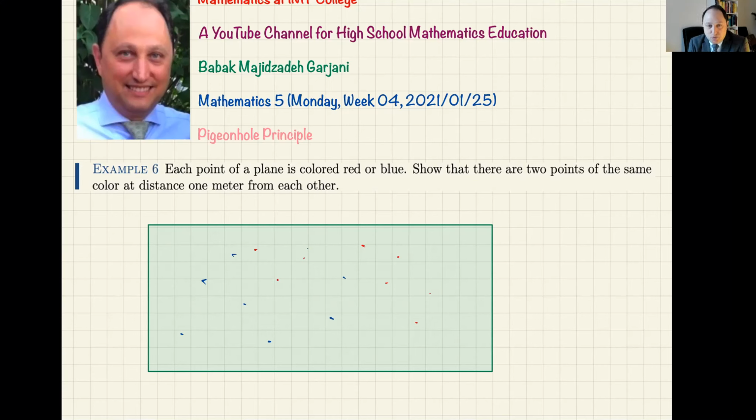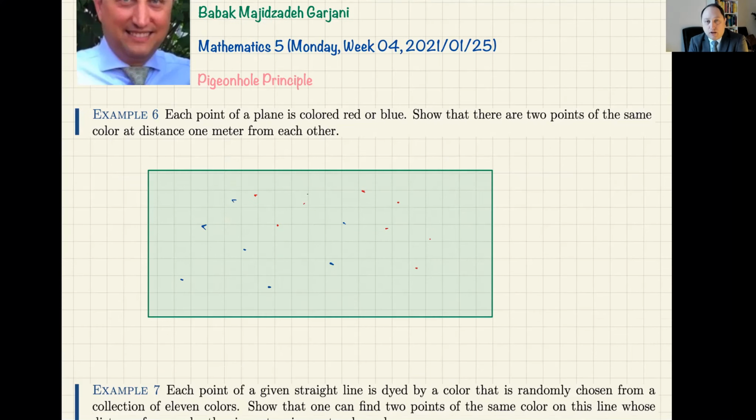Assume that this is done, and then what is happening? You have infinitely many points colored either blue or red. Now I can give you a little bit of a hint. Consider an equilateral triangle with side length equal to 1 meter. Does this help?